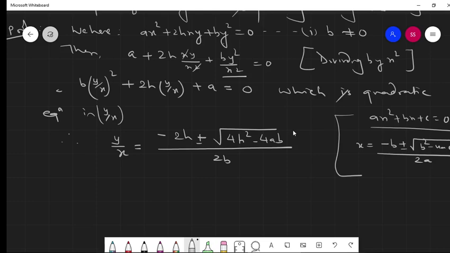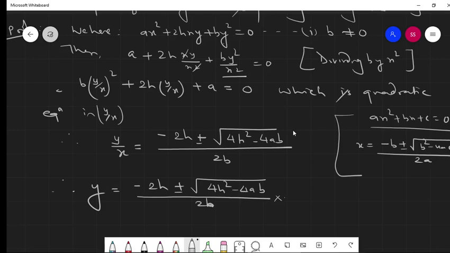So y equal minus 2h plus minus root under 4h square minus 4ab over 2b times x.